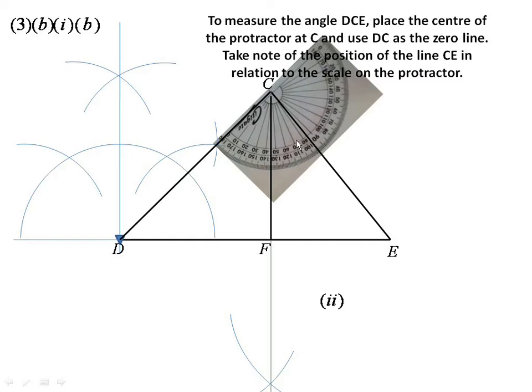This line is our zero line, so the angle goes all the way around here and increases in this direction to right here. And we'll take note of what the angle turns out to be. Let us see, we have about, for sure, 80, 1, 2, 3, about 84, maybe 85. So DCE is 84 degrees.